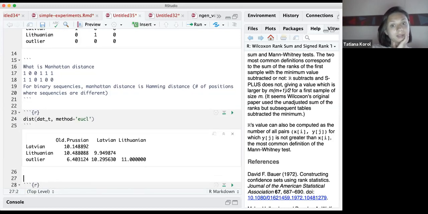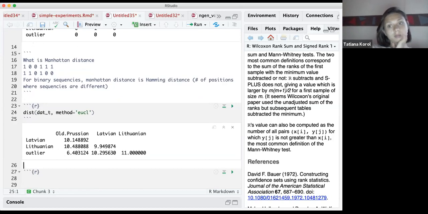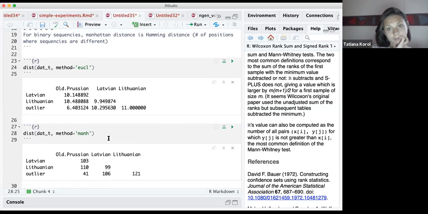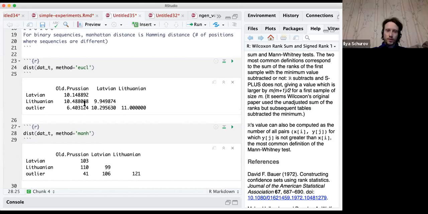What does it mean, and how should I understand all of that? If we compare these metrics, we see that Lithuanian is close to the outlier here, but here they are far from each other. How can we interpret it?